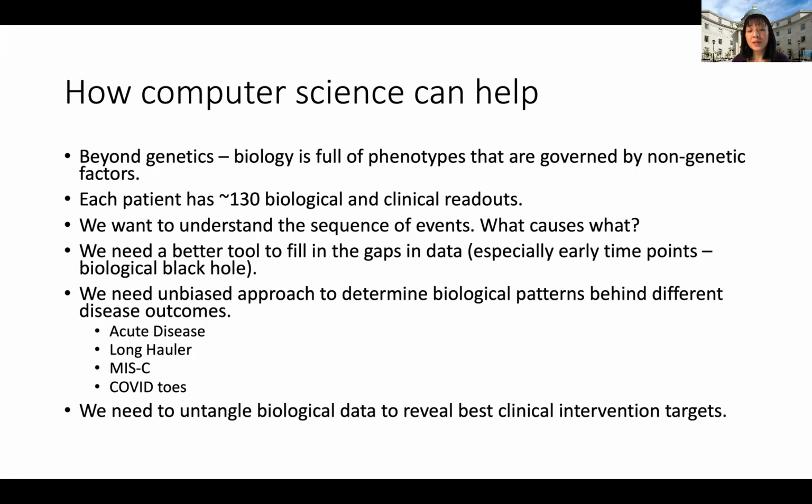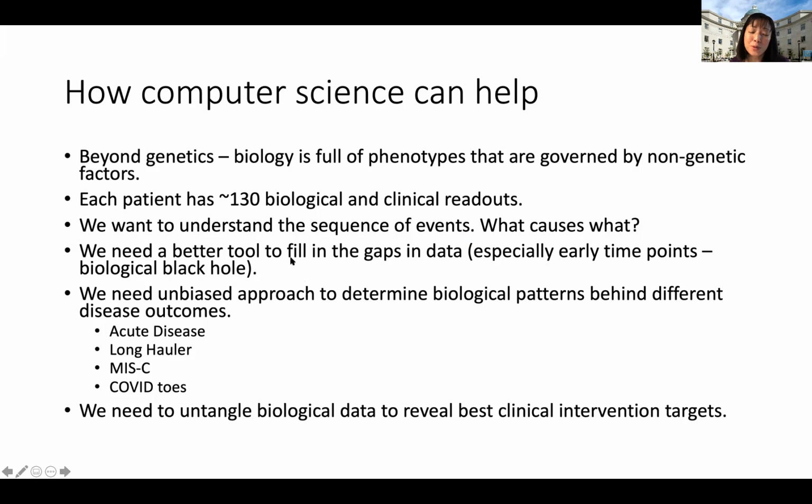And we would love to learn what causes what, what is driving what type of outcome. Is the viral load really driving the interferon, and how does interferon cause disease? I think all of those types of information are hidden in the data set that we have. We just need your help to analyze these things.